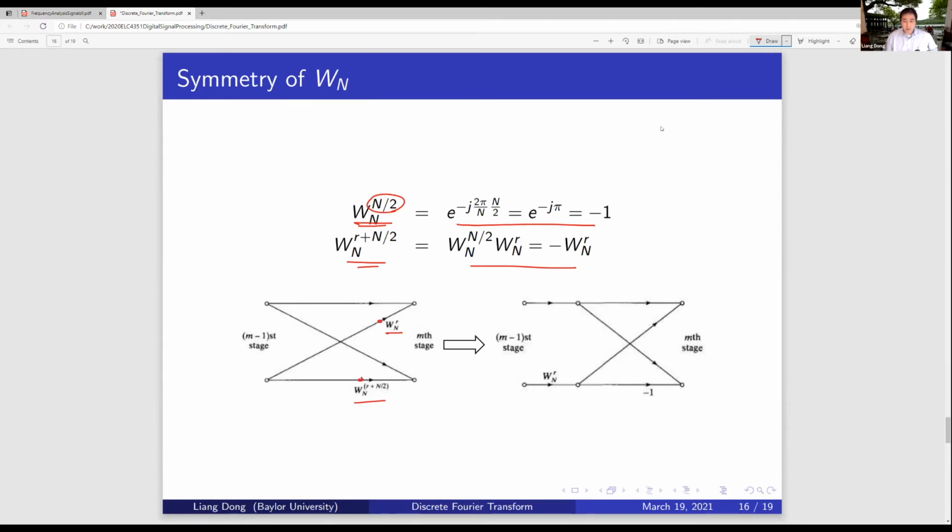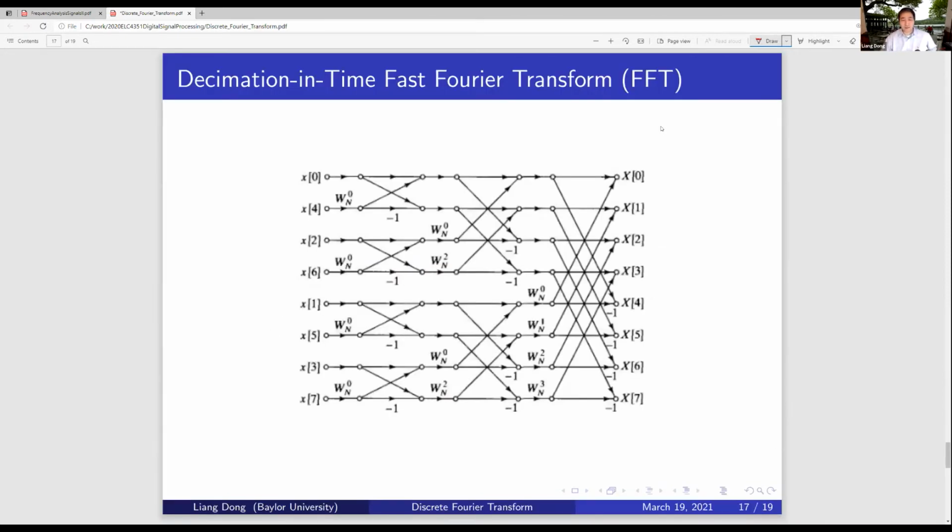But because the difference is just a negative sign, we can put one of the weights here and then put negative 1 here. Negative 1 is very easy, you just flip that. So we need to multiply a weight only on one branch, and on the other branch I don't have any weights. So it reduces the number of multiplications by half again. Combine all this together, and this is the final plot that we have for an FFT.